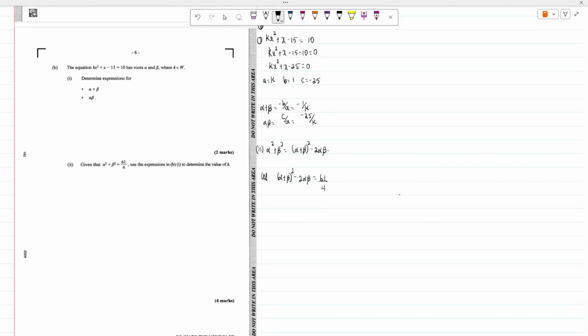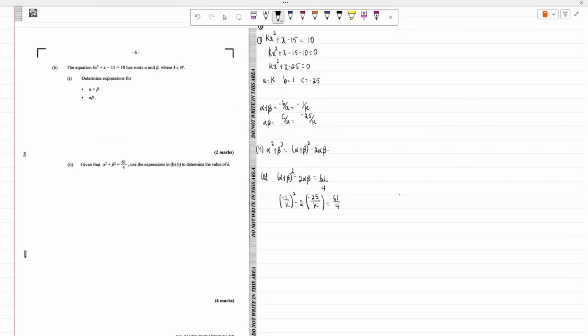Alpha plus beta is minus 1 on k. So I'm going to get minus 1 over k all squared, take away 2 into minus 25 over k is equal to 61 over 4.